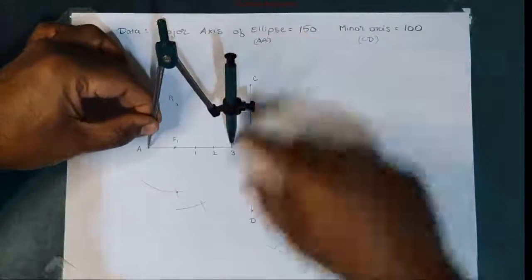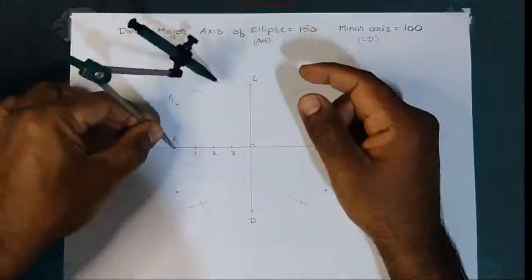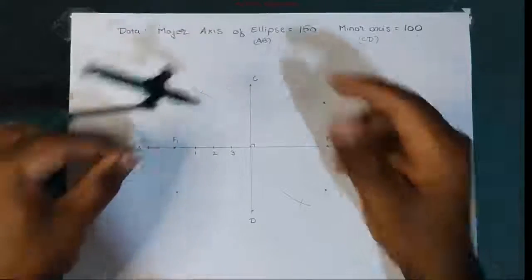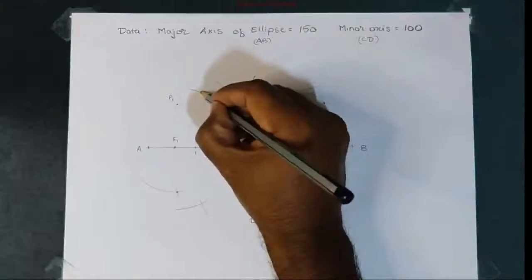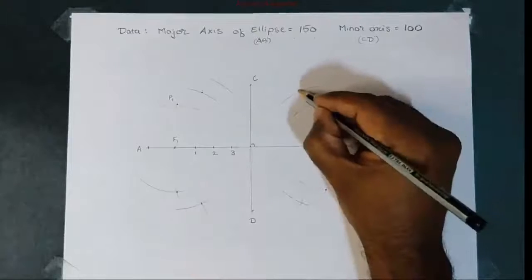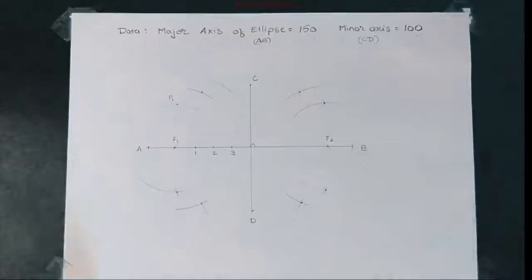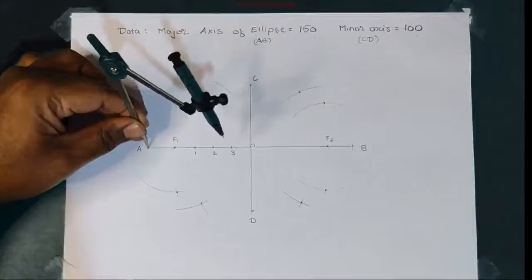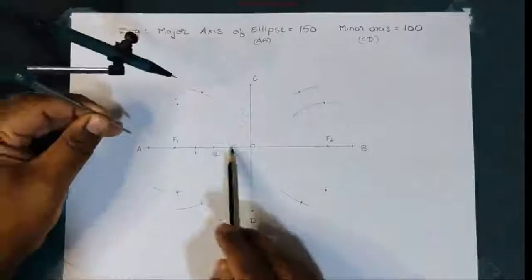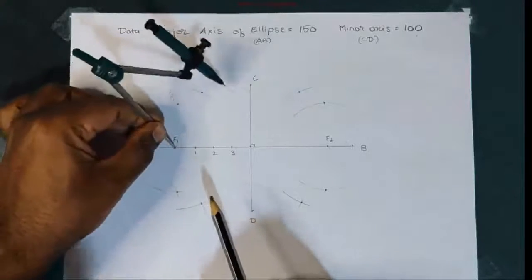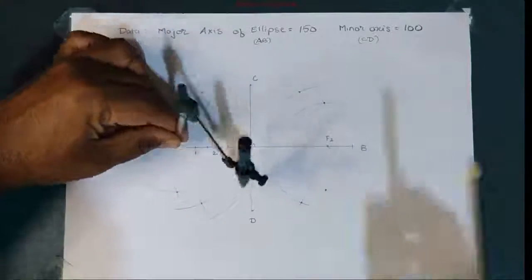Now similarly for point 3, I take distance A to 3 using focus F1. I darken the previously obtained points so there is no confusion. So I took A3 on the compass, kept it on F1 and marked arcs above and below.